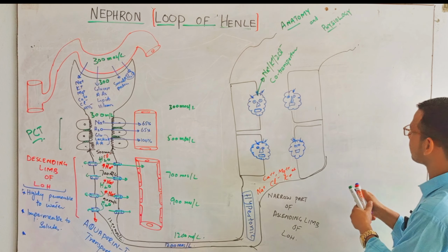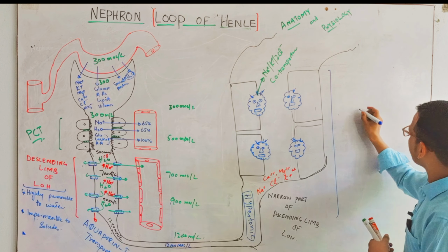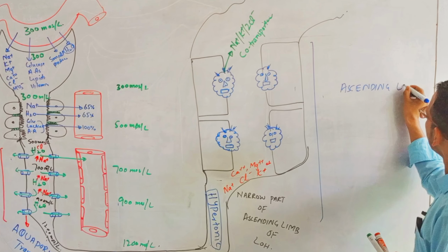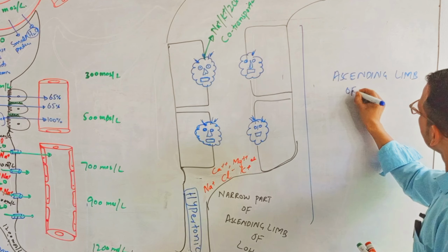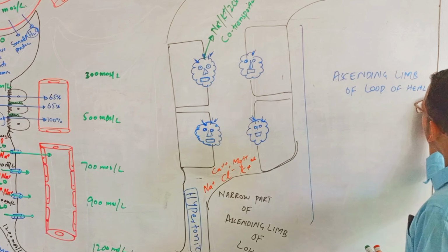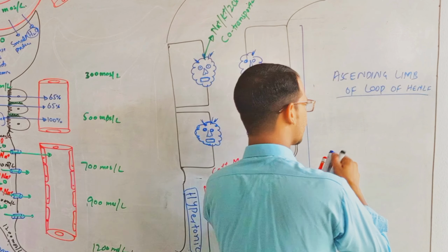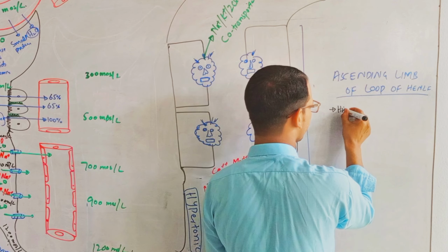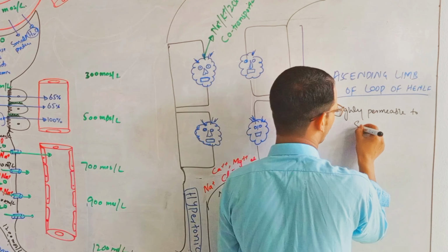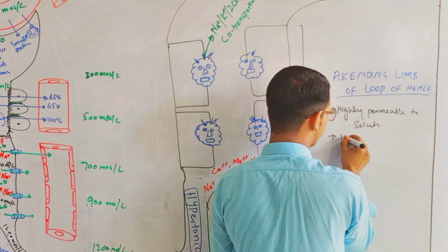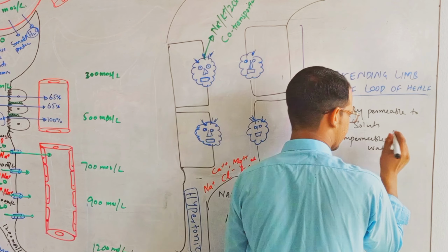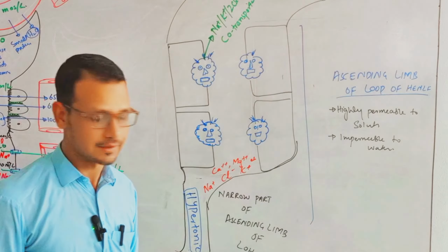This ascending limb of loop of Henle is highly permeable to solutes and it is impermeable to water. It is impermeable to water, right?